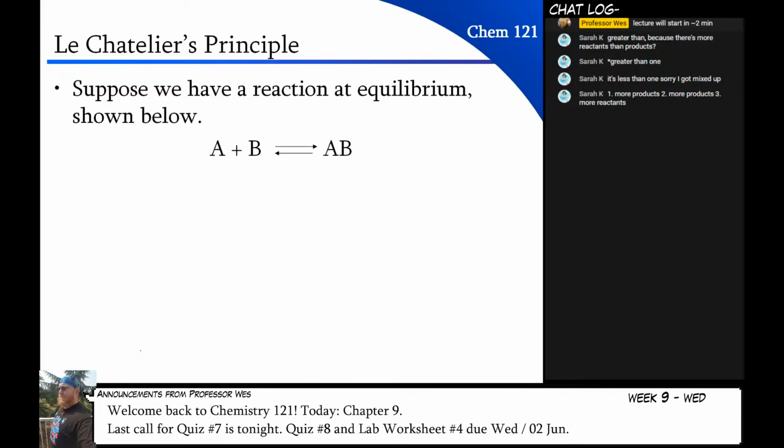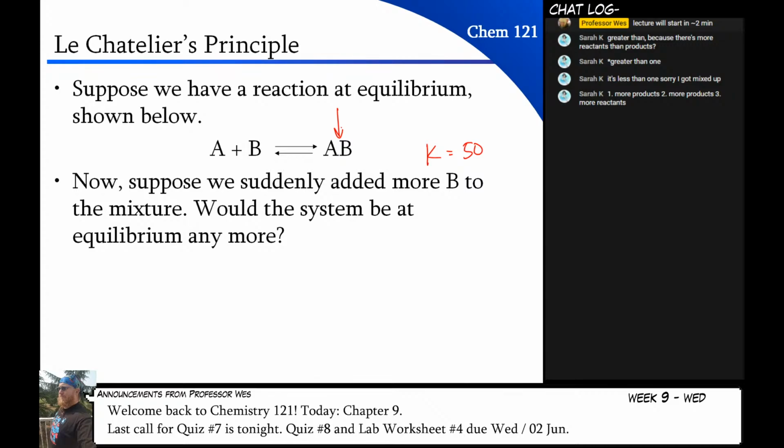So let's suppose that I have this reaction, and K is, we'll say, 50. So my equilibrium is towards the right. There are mostly products. So I go and analyze the solution, and I say, okay, there's very little A, there's very little B, and there's lots of AB. And so what I'm going to do is I'm going to suddenly add B to the system.